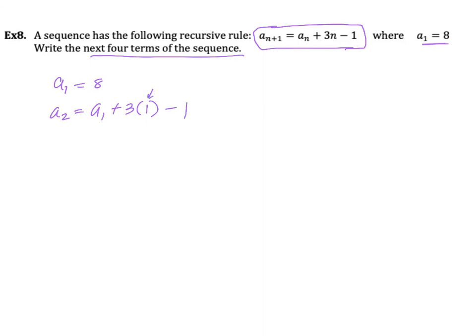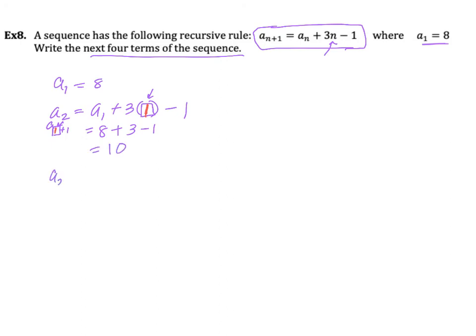Again, why am I putting a 1 in here for n? Because a sub 2 is actually n plus 1, so I put in a 1 for n. So be careful, right? I'm putting in a 1 for n. So that's 8 plus 3 minus 1, which is equal to 10.